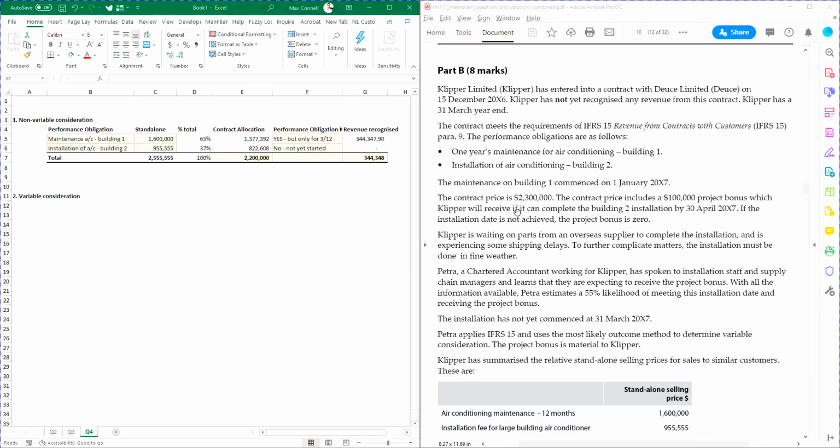The first thing to note in your answer is recognizing that under IFRS 15 there is the option to recognize variable consideration either under the expected value methodology or the most likely methodology, and that Clipper has selected the most likely, even though there's a 55% likelihood of meeting this installation. So that's the first point.